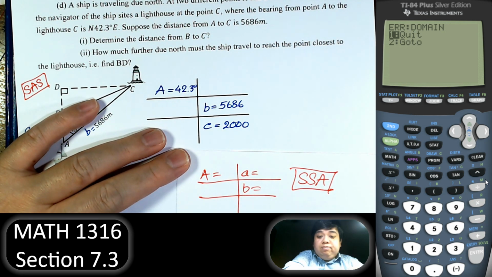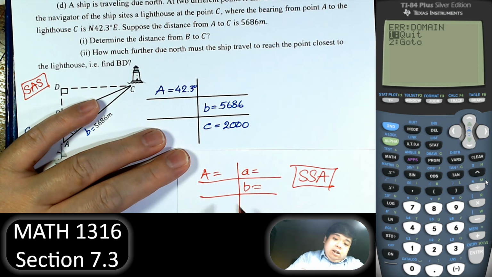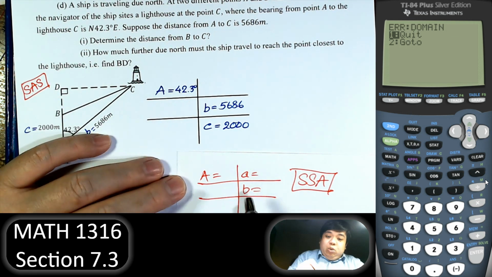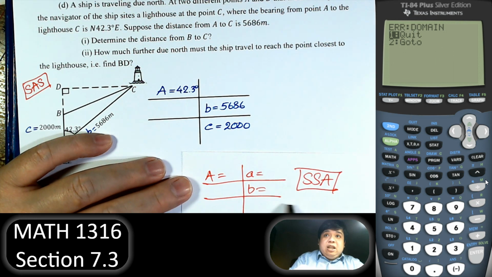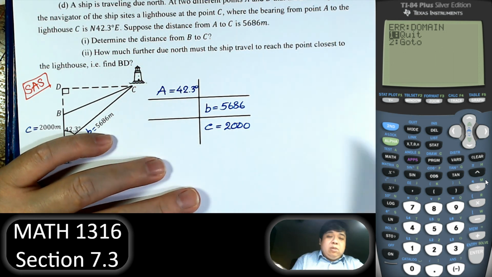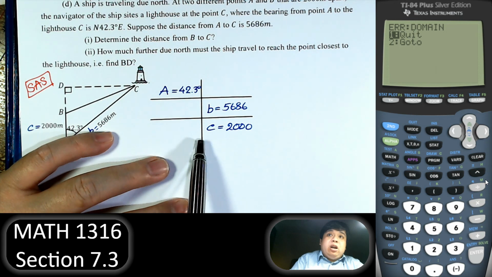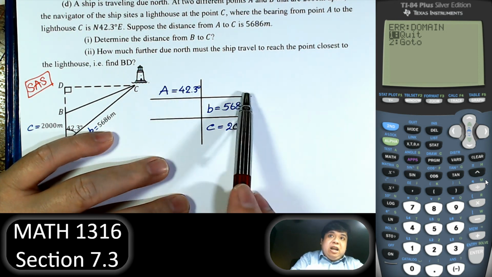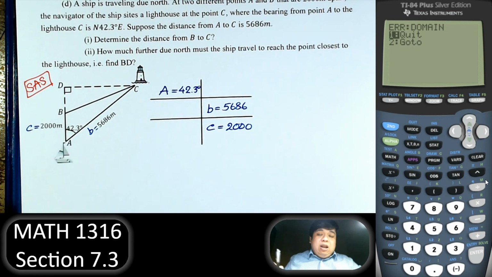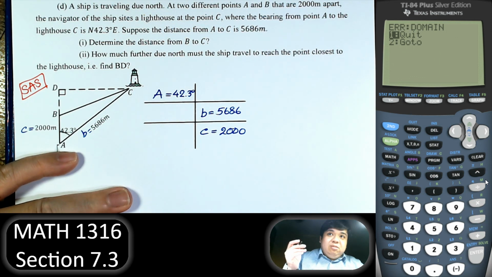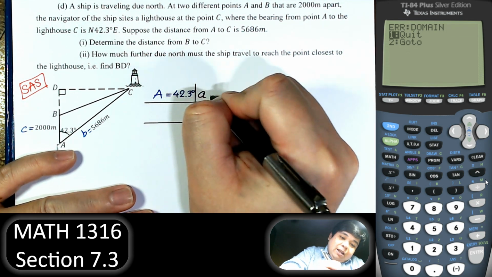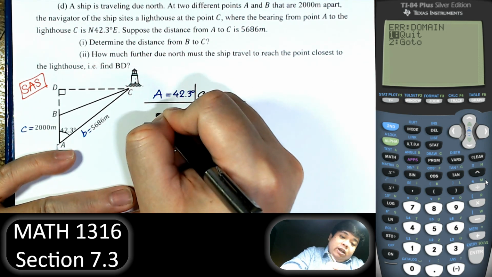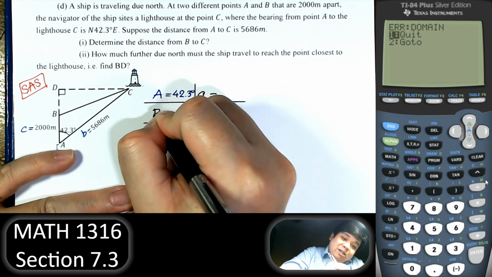Simply because in the ambiguous case, side-side-angle, we use the law of sine. We won't be able to use the law of sine here because we don't have the opposite side and angle. So that means this is not SSA. We know that for sure. We have at most one solution.